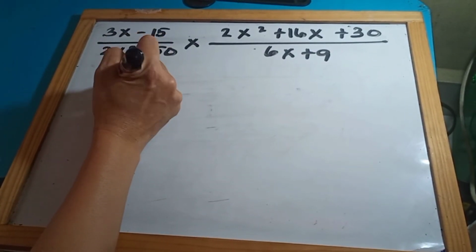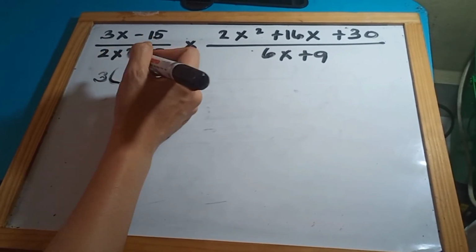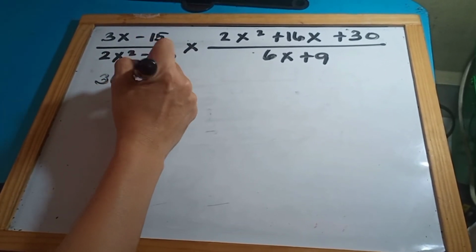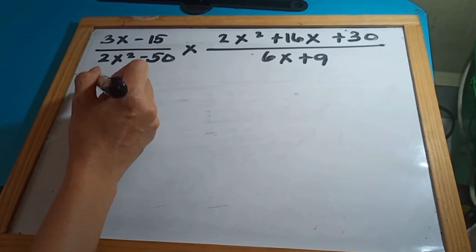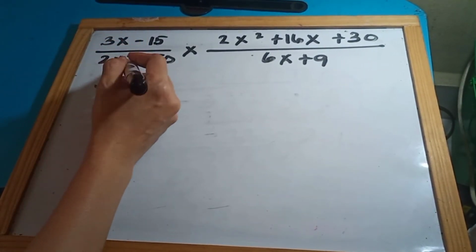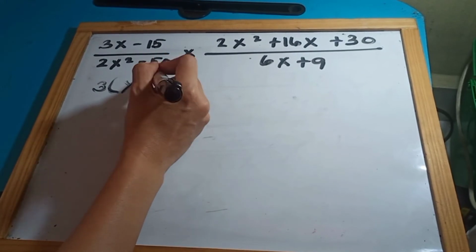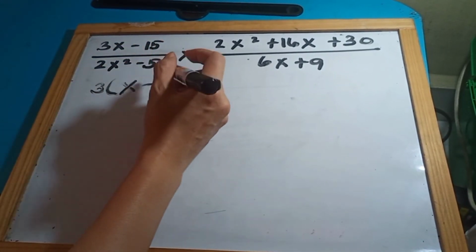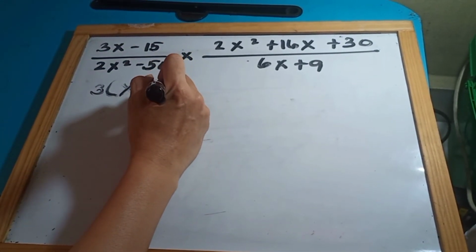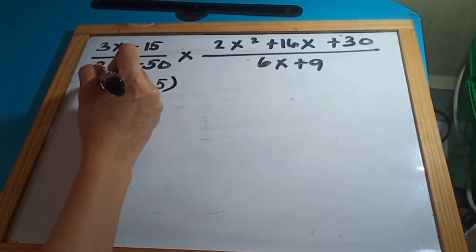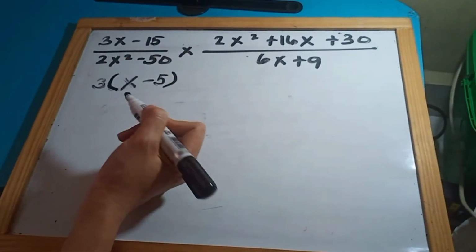At yung matitira sa loob ng quantity is x. So, 3x divided by 3, ang matitira na lang is x. Minus 15 divided by 3, that is 5. So, ito na yung factor ng ating first numerator.